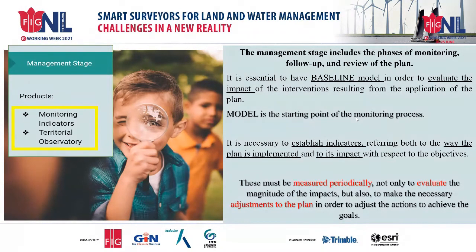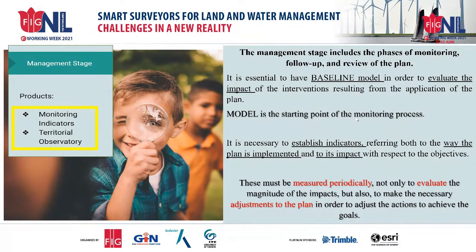If we have the plan and we have different changes of different types of uses of land, from the beginning that you give the news, everybody knows that. So that is included in the value of the land. So the baseline model and the baseline information is so important.